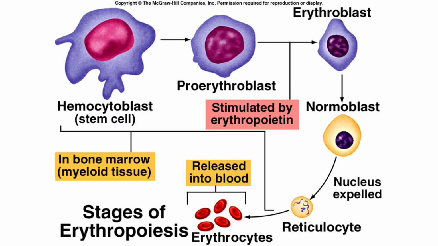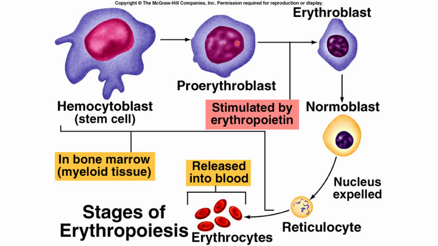So this illustration shows you the pathway from the initial stem cell, the hemocytoblast, and how it differentiates into different cell types before it sheds its nucleus and organelles to become a mature erythrocyte. We start as a hemocytoblast, which will differentiate into a proerythroblast, which will differentiate into an erythroblast.